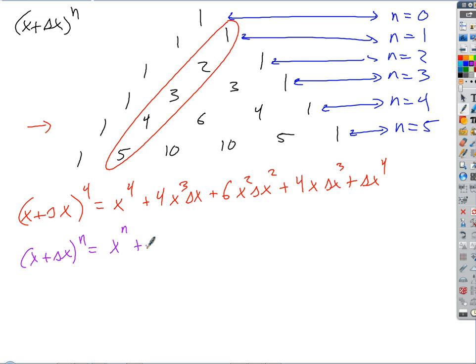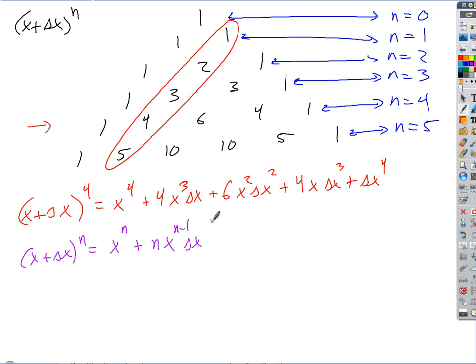Plus, you told me that the next coefficient was just n, right? n times x to the what? n minus 1. Everybody agree? Times delta x to the 1, right? And that's fine because remember the sum of the powers of the factors has to always add to n, right?